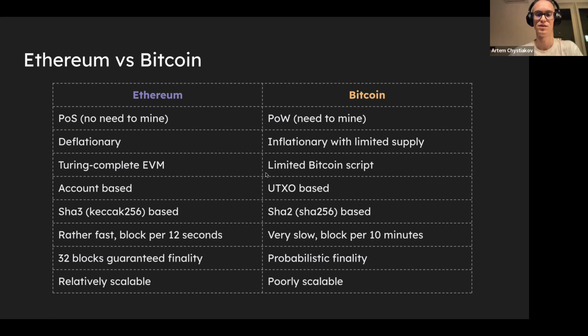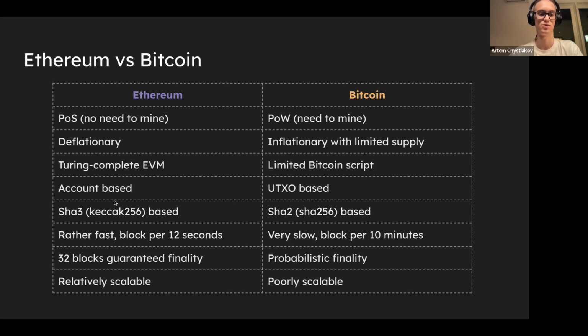Bitcoin has a limited Bitcoin script that is far from being Turing complete. And it is a sort of limitation of Bitcoin because it enables only a certain behavior. Ethereum also enables certain behavior, but at least Ethereum virtual machine can execute whatever is possible to execute.